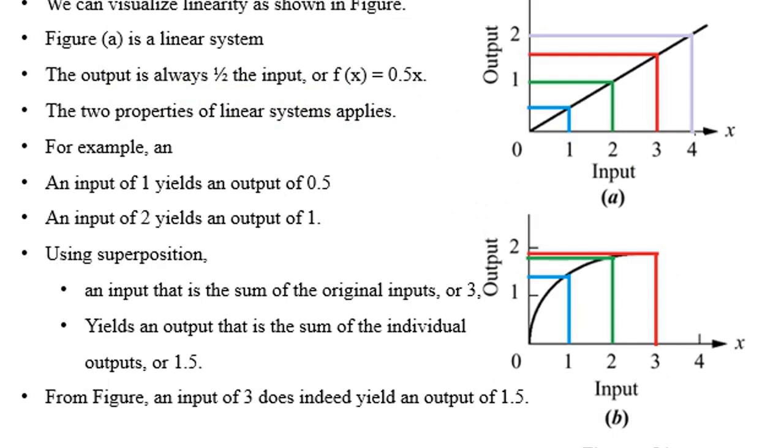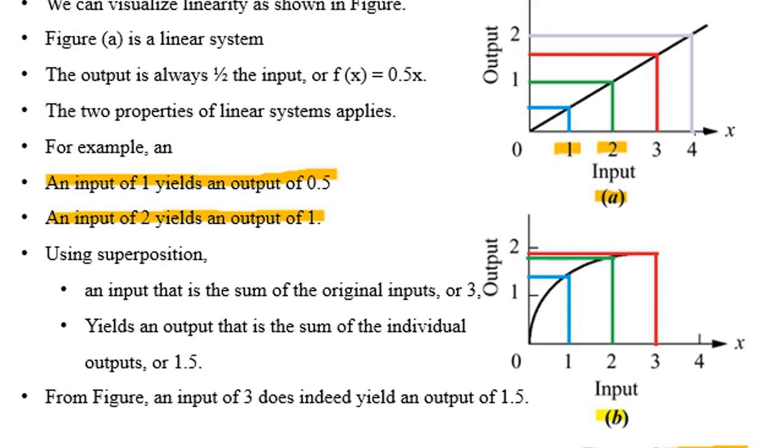Dear students, now with the help of an example, we will study how to identify a linear or a nonlinear system. If you look at the figure, figure A represents the graph for a linear system, whereas figure B represents the graph for a nonlinear system. In figure A, if we apply an input of 1, we have an output of 0.5. If we have an input of 2, we have an output of 1.